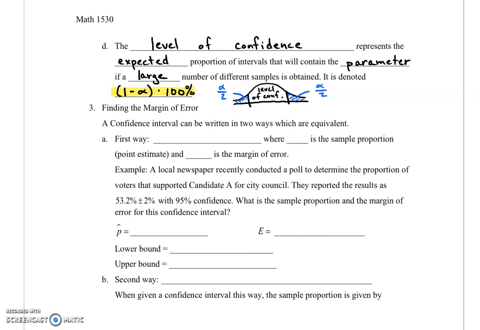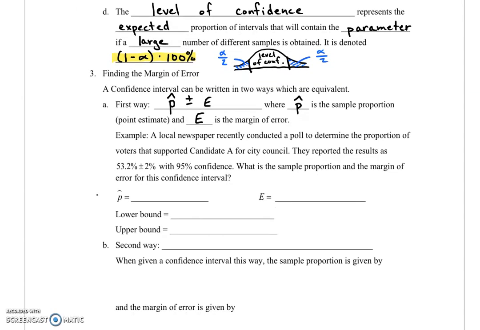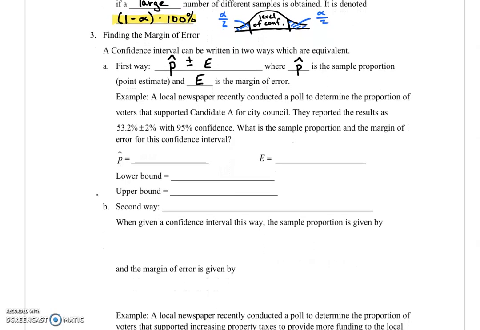There are 2 ways to write those confidence intervals, and they're equivalent. The first way is to write it as the sample proportion plus or minus an error. Remember, sample proportion is p hat, and E is the margin of error. For example, a local newspaper recently conducted a poll to determine the proportion of voters that supported candidate A for city council.